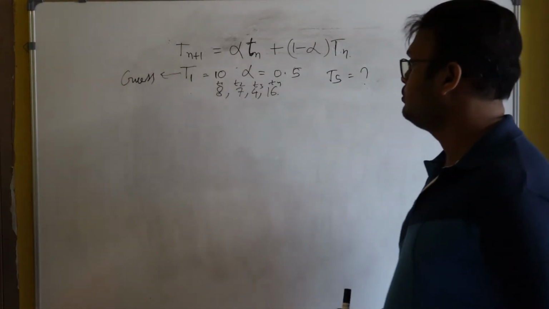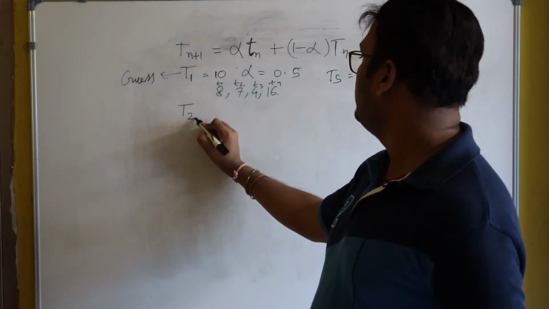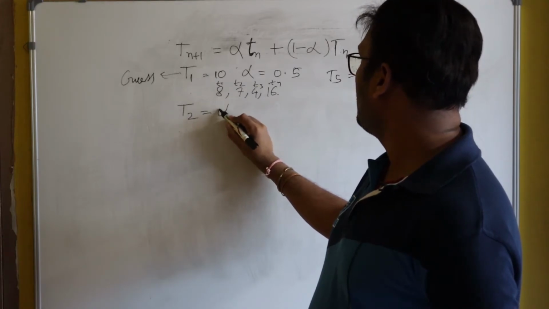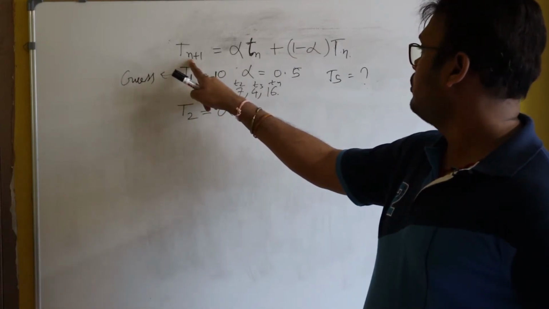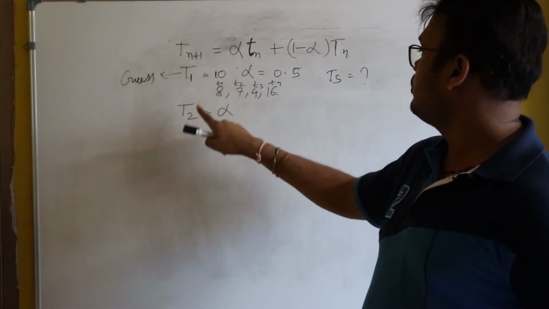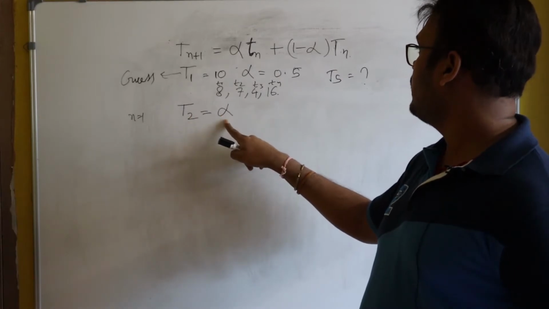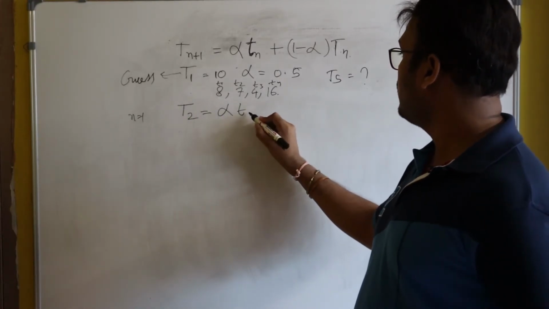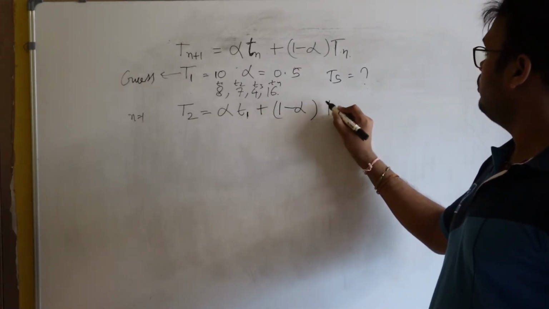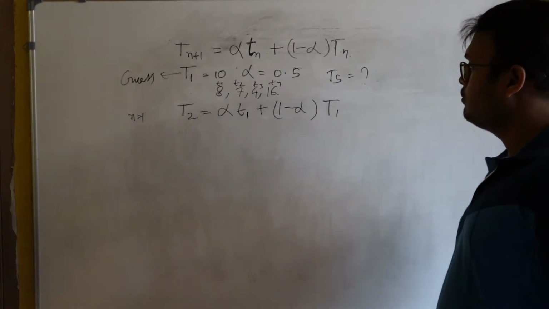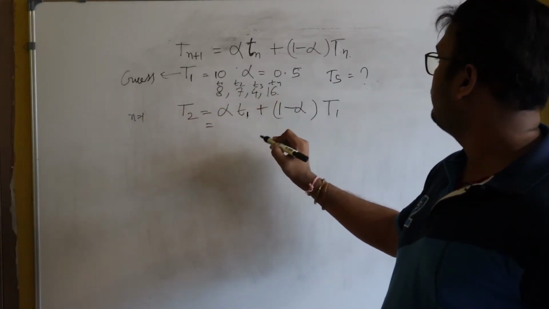So you see how. Here T1 is given. So let's calculate T2. T2 is equal to alpha, just see the formula. Here n is equal to 1. So T2 is equal to alpha into small t1 plus 1 minus alpha into capital T1. The value of alpha given is 0.5.